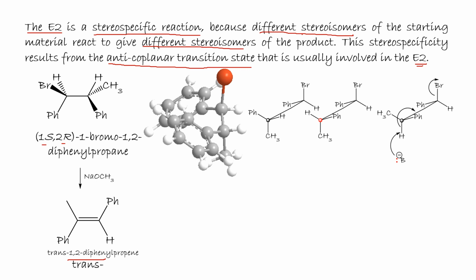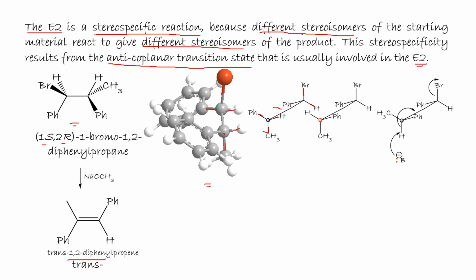Taking the structure to a 3D structure. Okay, we have bromine, hydrogen, and phenyl. We have bromine, hydrogen, and phenyl. And on the front carbon, this one will be hydrogen in here, CH3 in here, phenyl on this side.